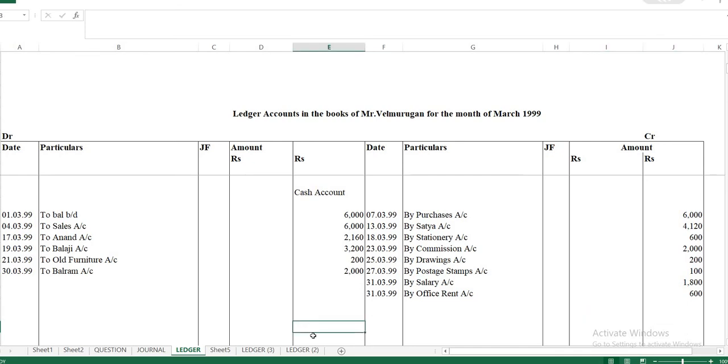You have to draw lines, two lines. Usually for total we will draw two lines, like that you have to draw two lines here. Okay, so draw two lines and just total it up. 6,000 plus 6,000 plus 2,160 plus 3,200 plus 200 plus 2,000. So total everything and see what amount you are getting.